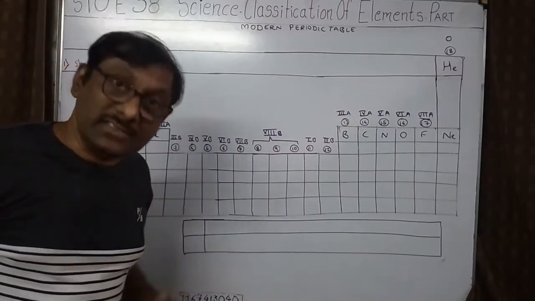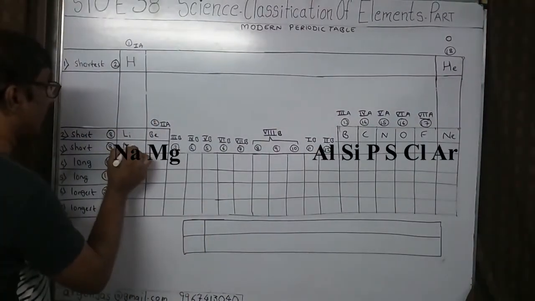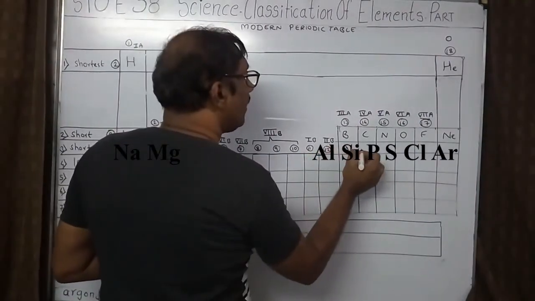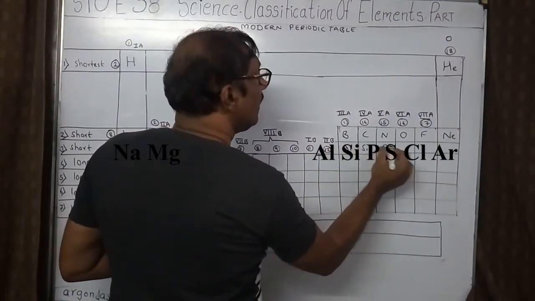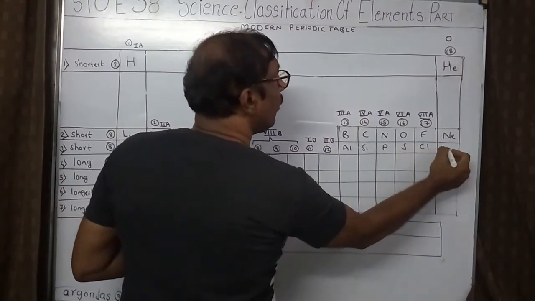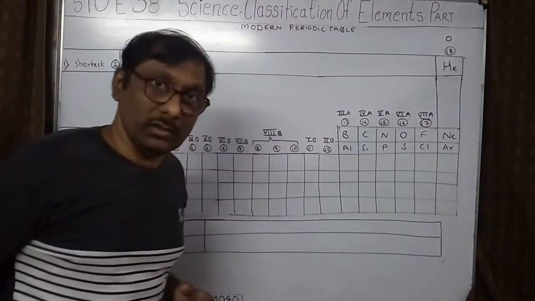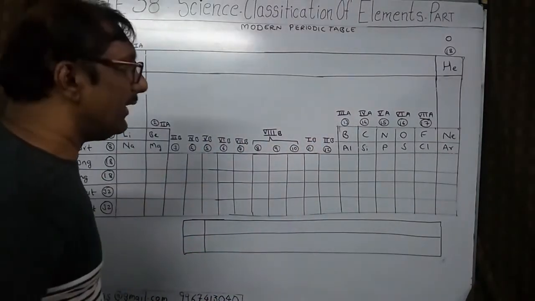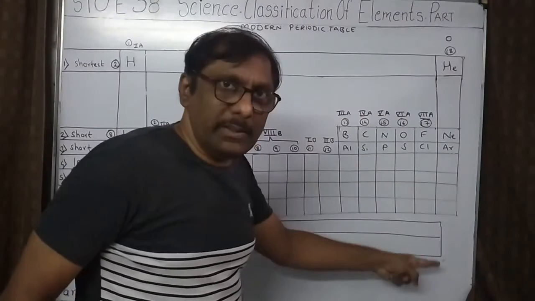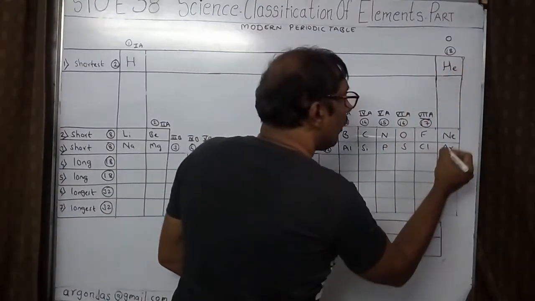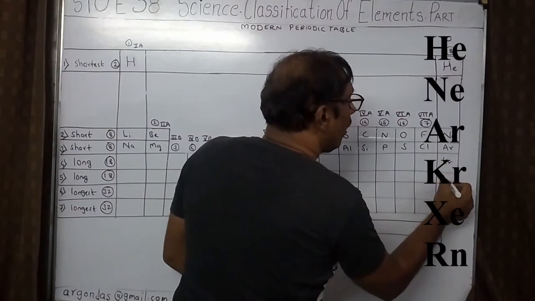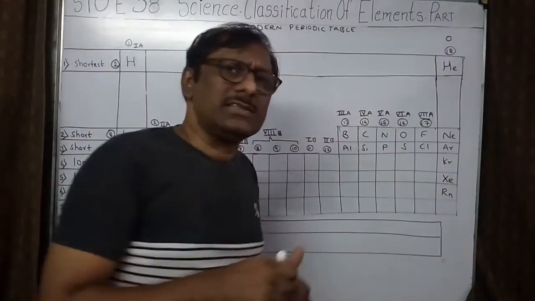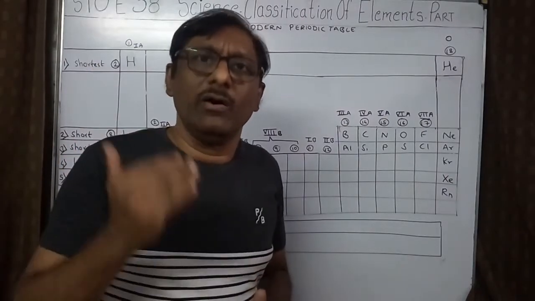The third period will contain these 8 elements: sodium, magnesium, aluminium, silicon, phosphorus, sulfur, chlorine, and argon. Remember, you do not have to study any of the B elements. That's good news. Now let us write these elements: helium, neon, argon, krypton, xenon, radon. I will go on writing them and explain how they came.